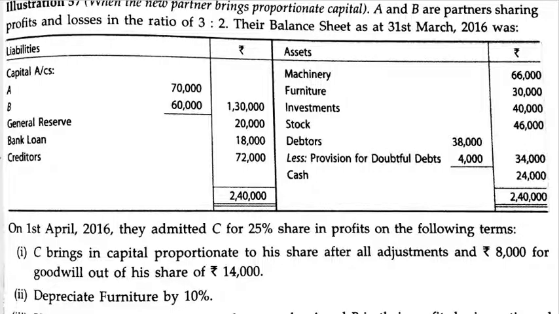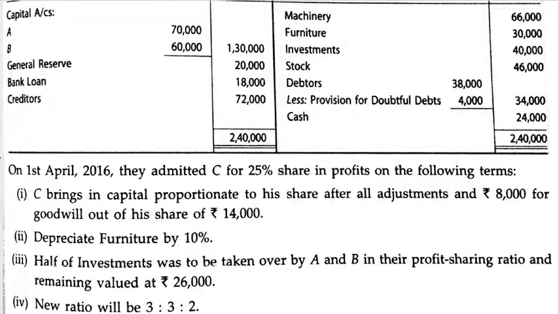Let's start. First of all, when you have anything related to revaluation in the question, I will suggest you prepare the revaluation account first. Let's first write down the basics. There are two partners, A and B. They are sharing the profits in the ratio of 3:2, and C is admitted for 1/4 share.